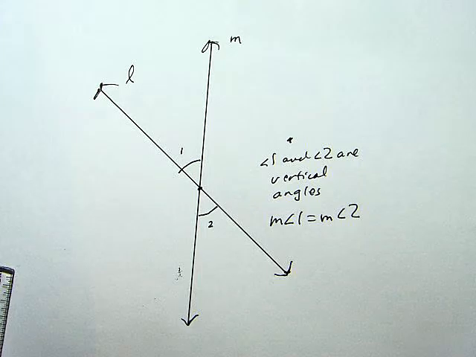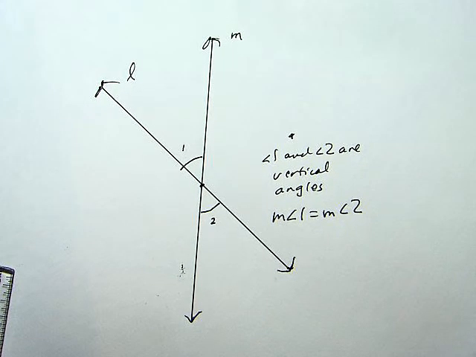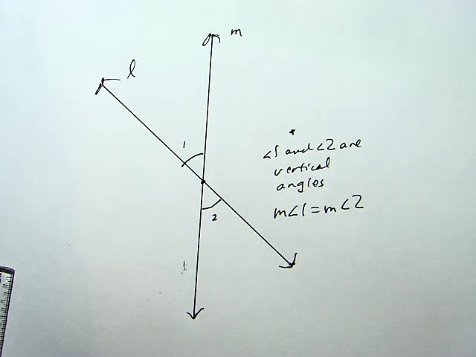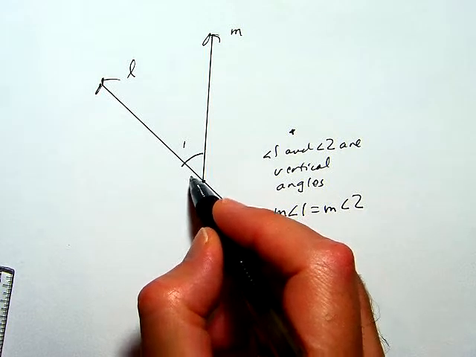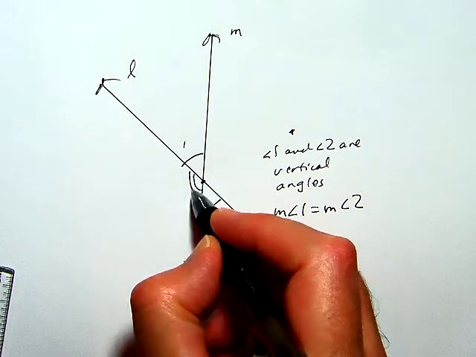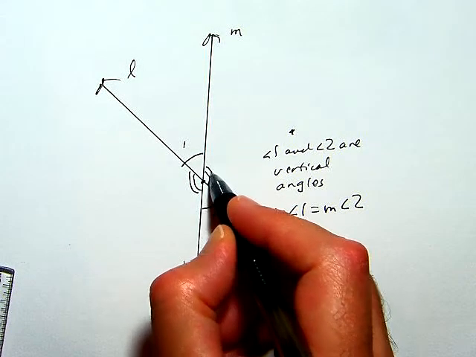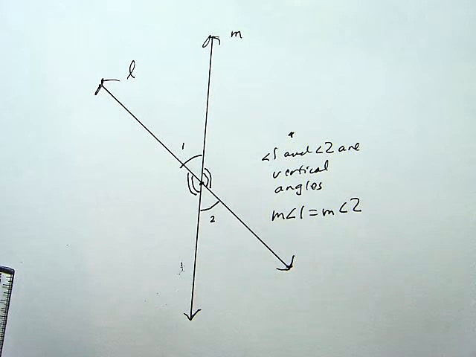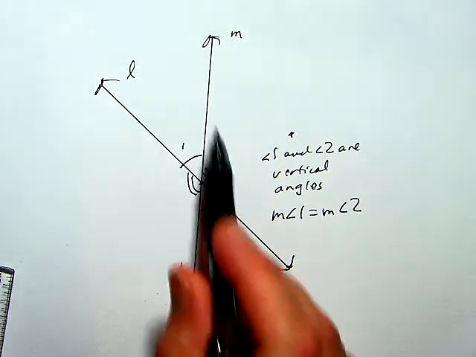But it's also important to recognize that there is another pair of vertical angles that are formed by the intersection of these 2 lines. And I'm going to use a slightly different notation to indicate those 2 vertical angles. That's here and here.